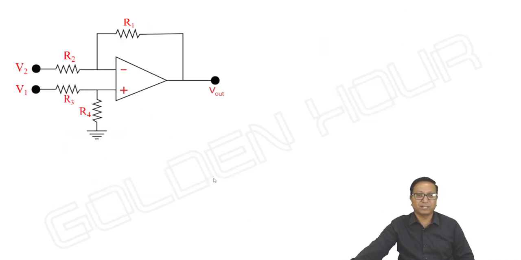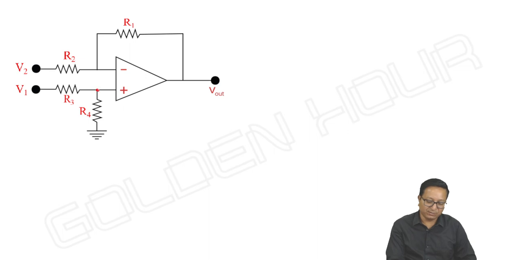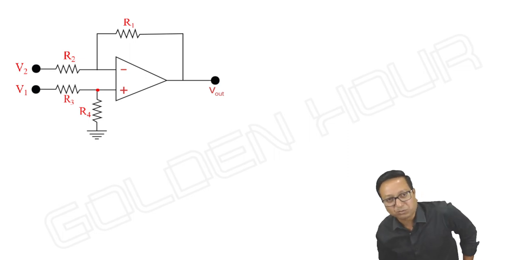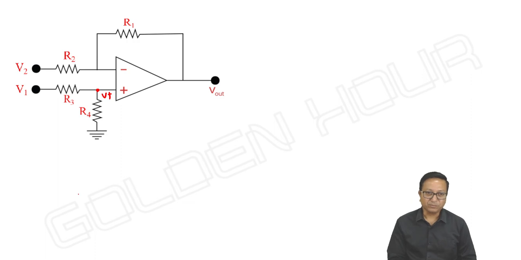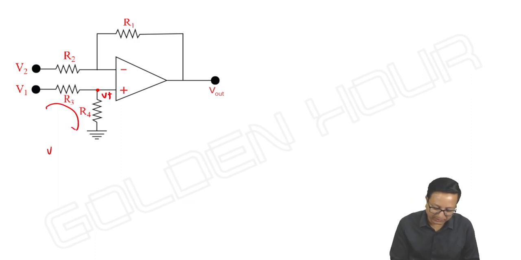Next circuit I'm taking is this one. Instead of giving V1 directly to the non-inverting terminal, we are giving it through the resistors R3 and R4. How do we take the output? First let me take this voltage V plus. What is V plus? Entire current will go like this. So V plus is equal to V1 into R4 by R3 plus R4.